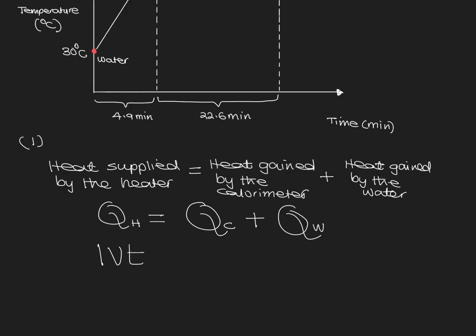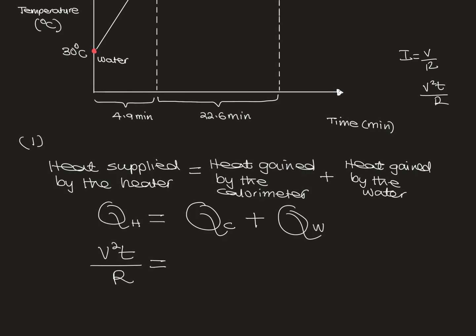But since the current is not given, if you use current equals voltage divided by resistance and substitute it here, you will have the quantity of heat equal to V squared T divided by R. So let's write that instead. The quantity of heat supplied by the heater is V squared T divided by R.